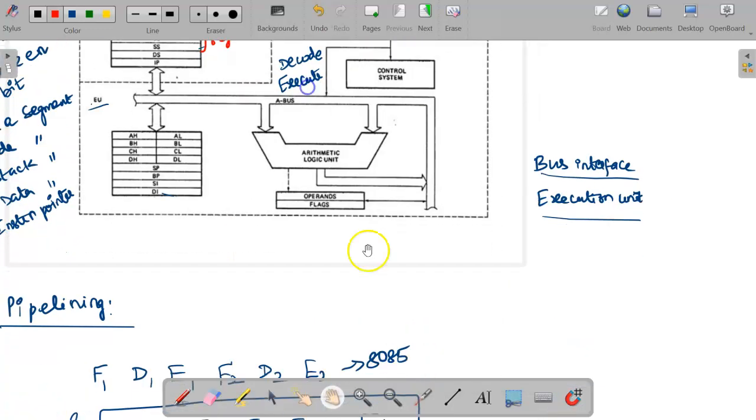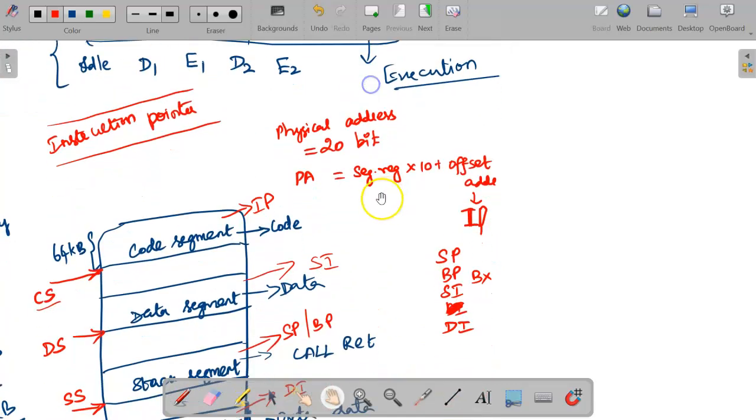For the physical address, as I said, we have to use the segment register, which is multiplied by 10, and then the offset address is added, and then the physical address is calculated. This operation is done by the bus interface unit.